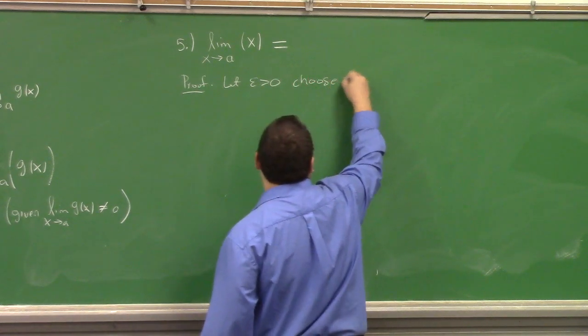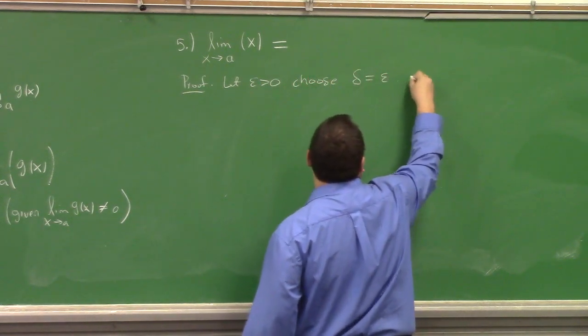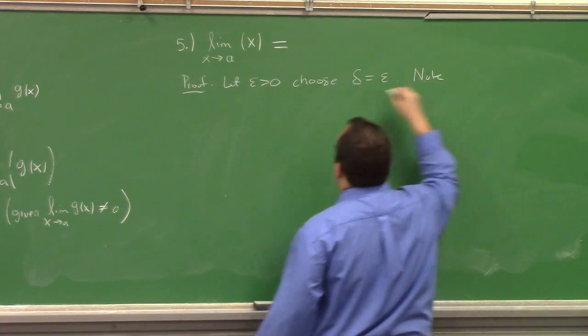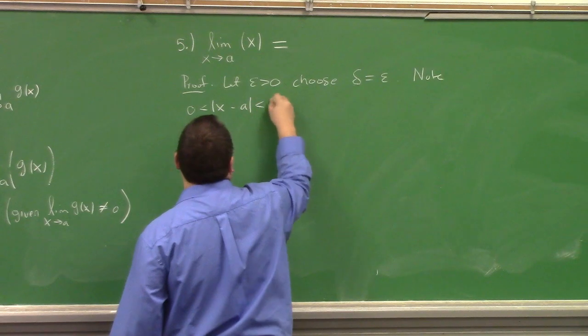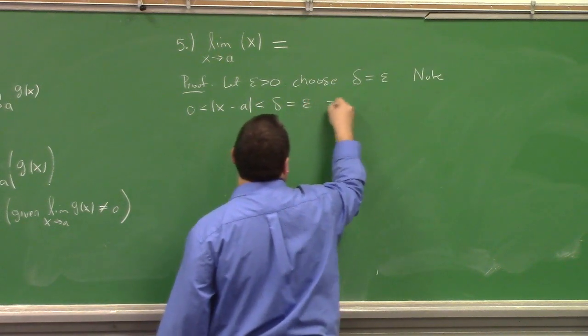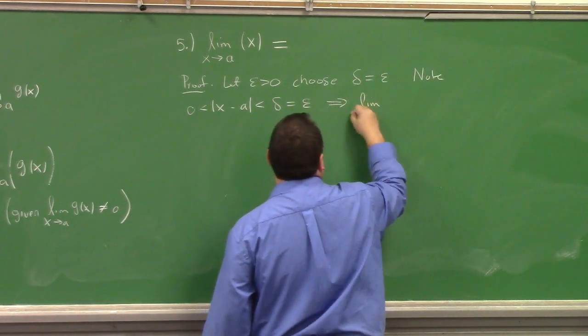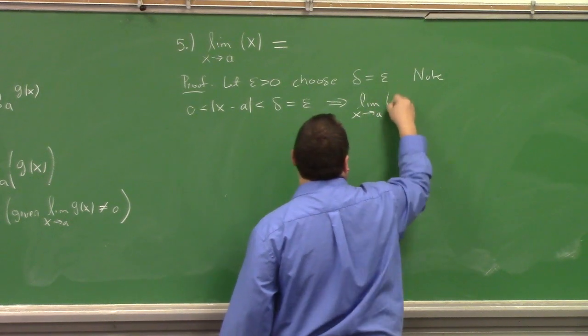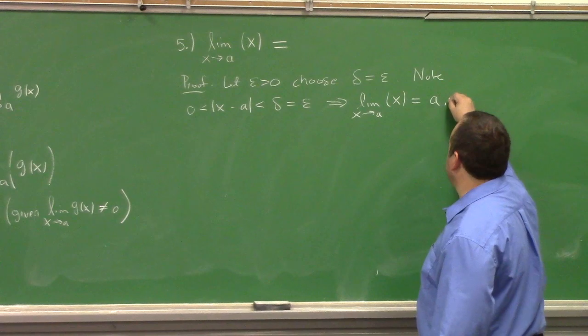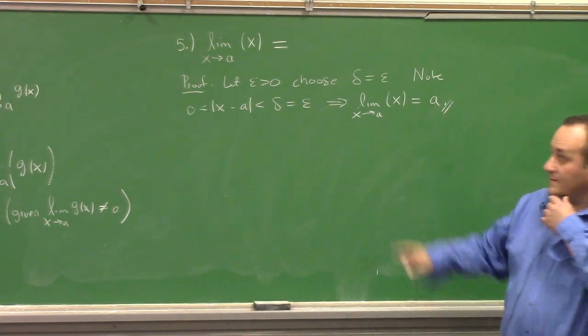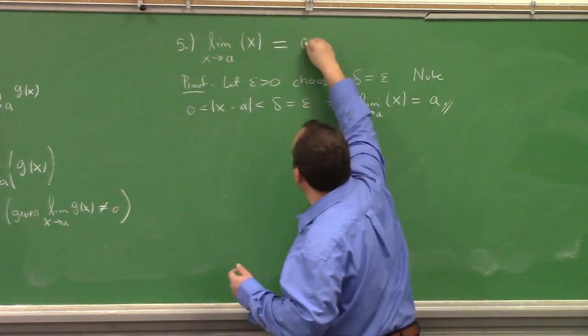Choose delta equal to epsilon. Note 0 less than absolute value of x minus a less than delta equal to epsilon implies the limit as x goes to a of x is equal to a. There you go. That's the proof that this limit is equal to a.